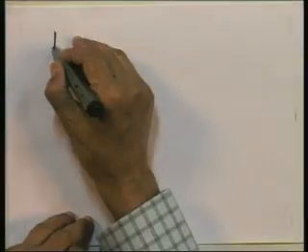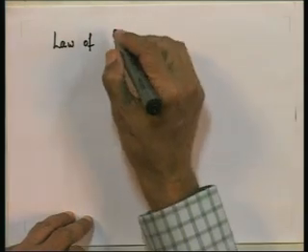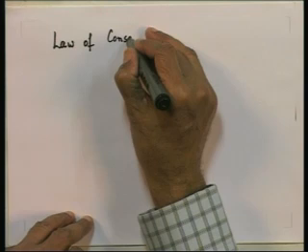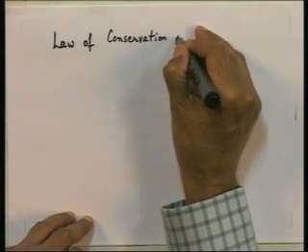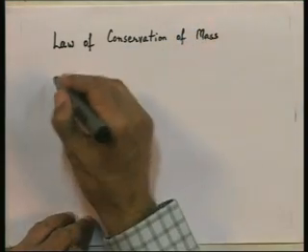Now, let us take up the first law. The first fundamental law was the law of conservation of mass. Now, what is the statement of the law of conservation of mass for a closed system?